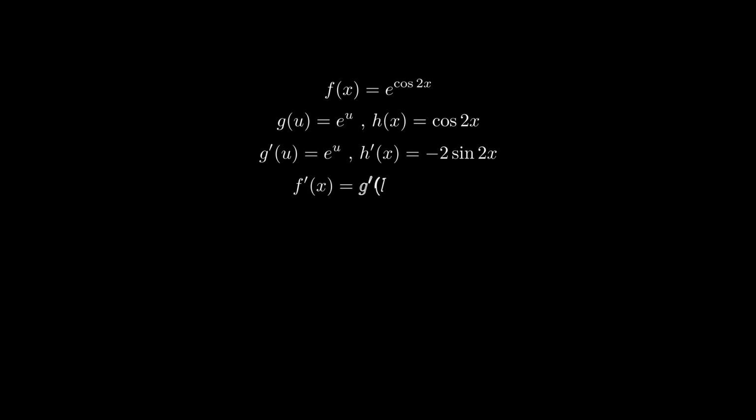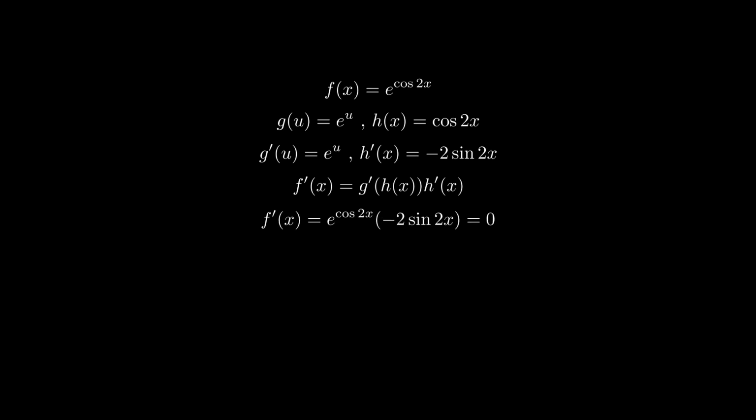Next, applying our chain rule formula, where the derivative of f of x is equal to the derivative of g of h of x times the derivative of h of x. And substituting in the values, we have that the derivative of f of x is equal to e to the cosine 2x times minus 2 sine 2x.